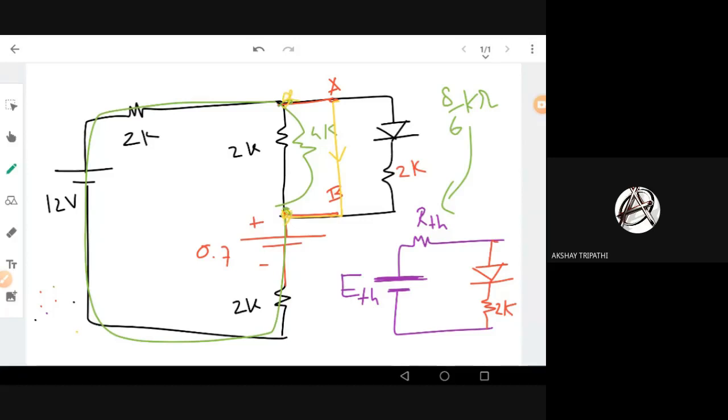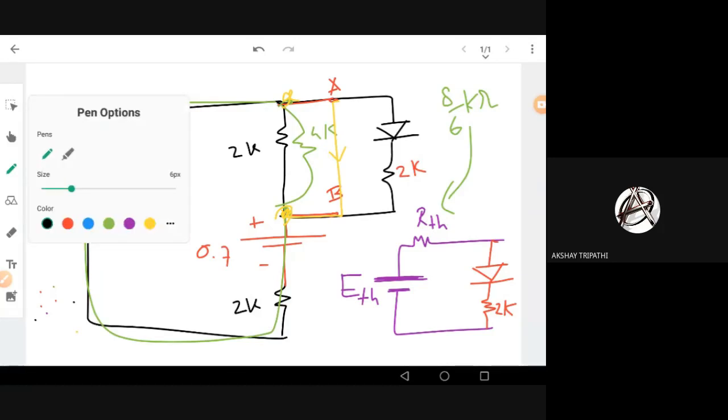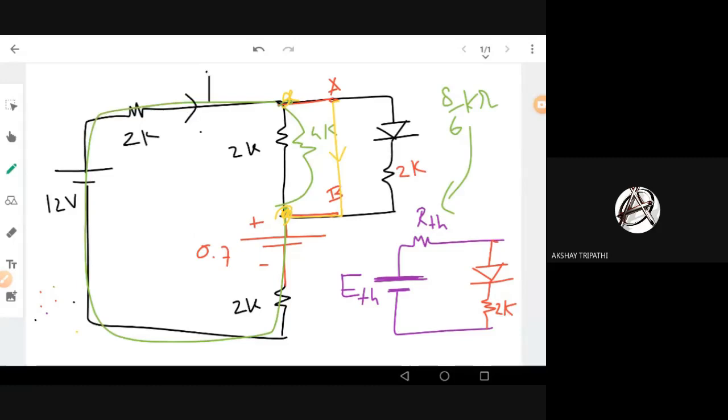Did anyone try this question? What is the Thevenin voltage you're getting? Maybe you are finding the current first. I is nothing but 12 minus 0.7 divided by the total resistance, 6K. So you'll get 11.3 divided by 6K ampere.